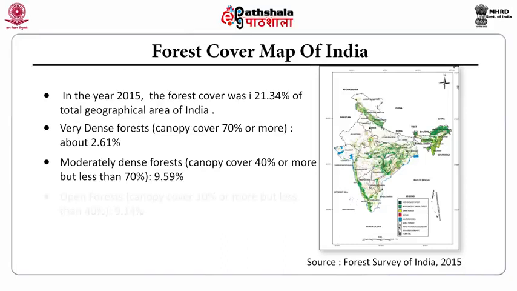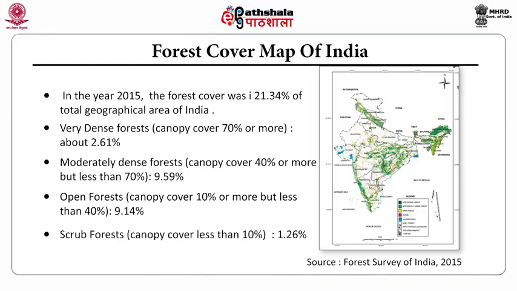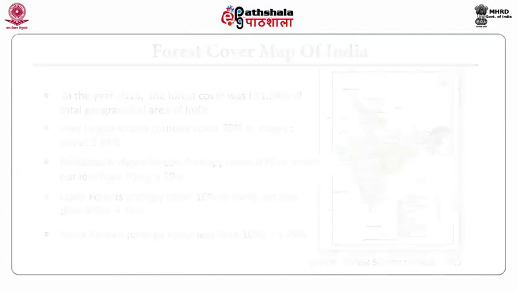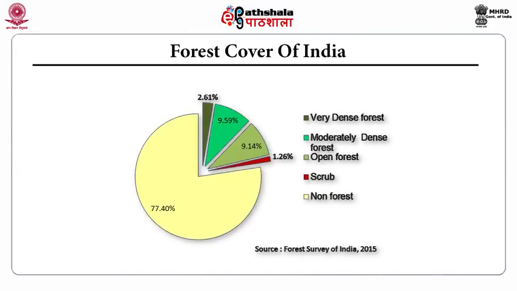of the forest area. The open forests where the canopy is 10% or more, but less than 40%, formed 9.14% of the forest. The scrub forest where the canopy cover is less than 10% was only 1.26%. So, this is the pie diagram of the forest cover of India.